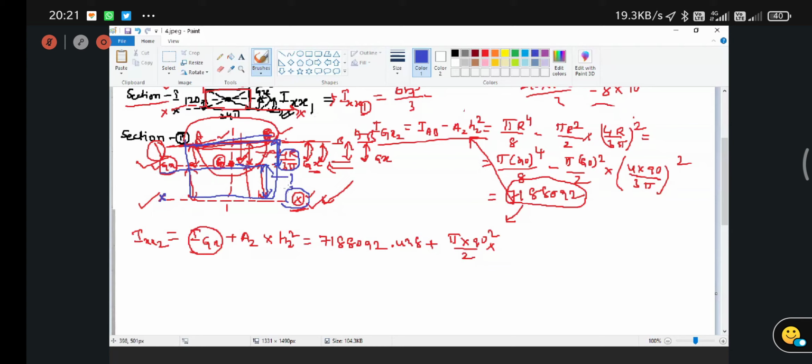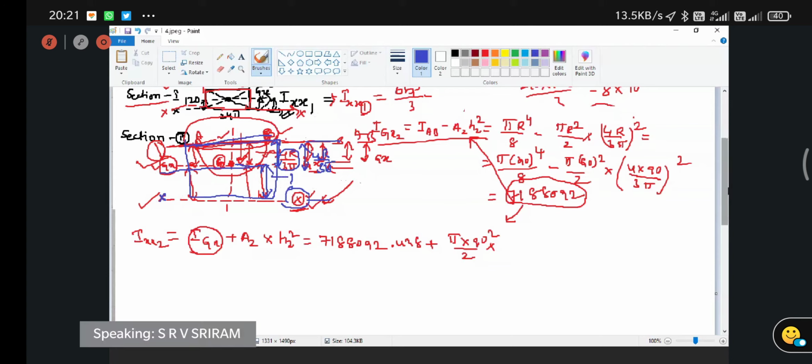How much is this distance? It is the total height of the rectangle, from which you subtract 4r by 3π.